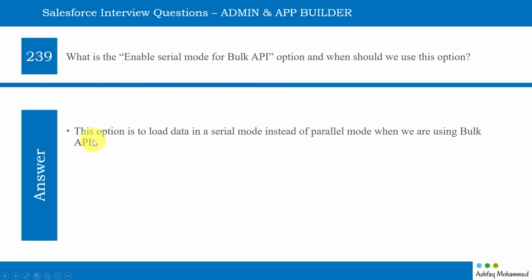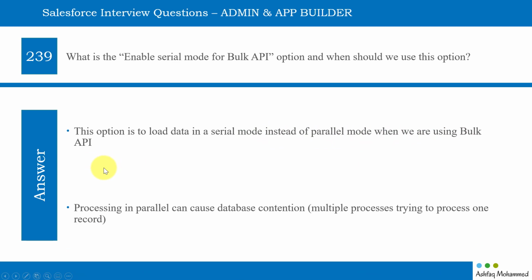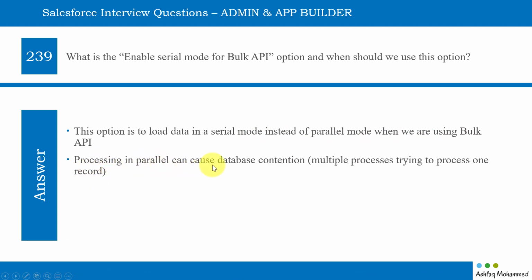Okay, so this option is to load the data in serial mode instead of parallel mode when we are using bulk API. So processing in parallel can cause database contention, right? When you process in bulk API, by default it processes in the parallel mode, but when you process in parallel mode, it will have database contentions. What does that mean? Well, multiple processes trying to process one record.